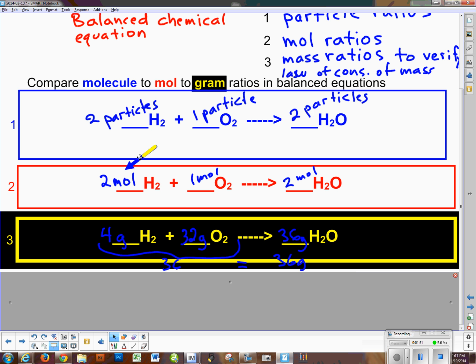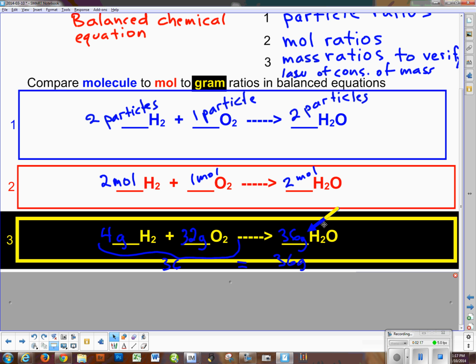And because the coefficient here was 2, 2 times 2 is 4, which is where you get that. Here you also have 2, only this time it's oxygen. Oxygen is 16, and 16 times 1, which is the coefficient in the mole ratio, as well as the particle ratio, is going to leave it at 32.